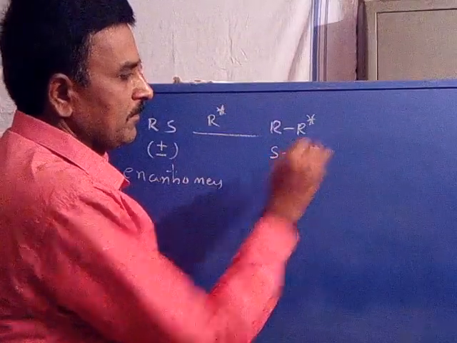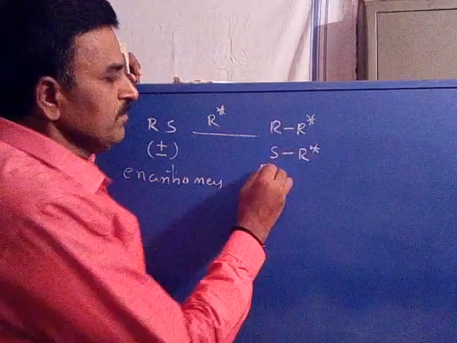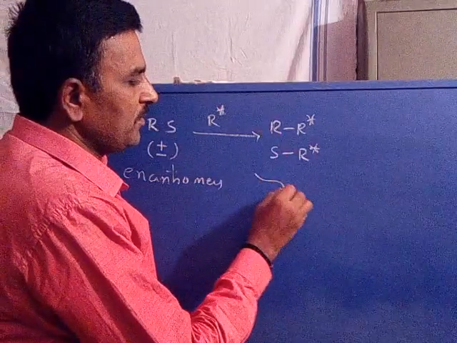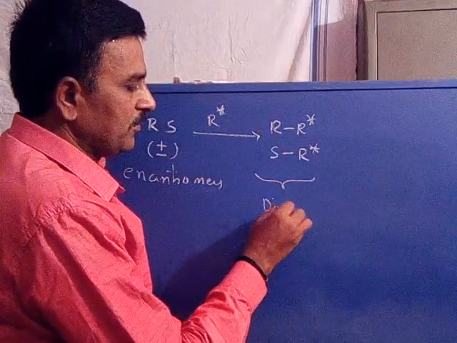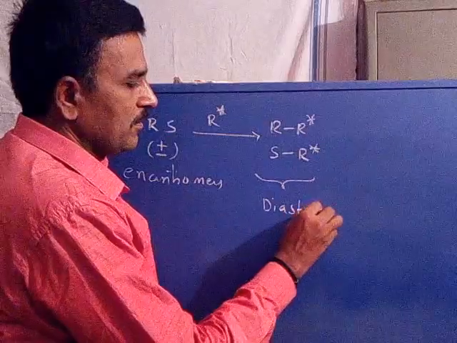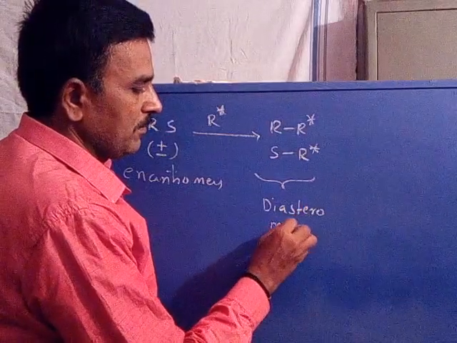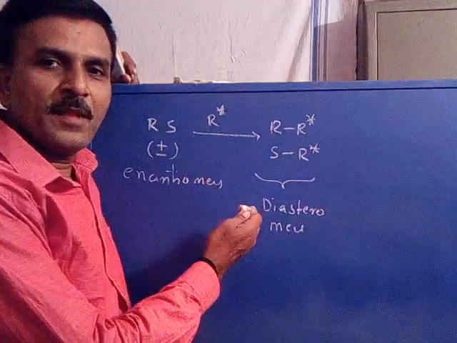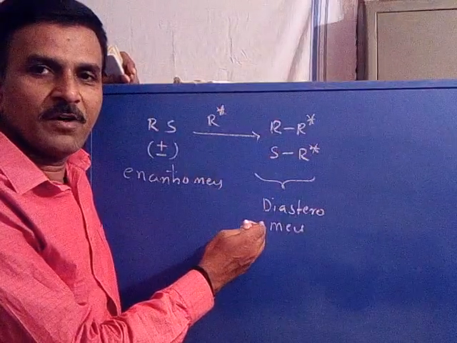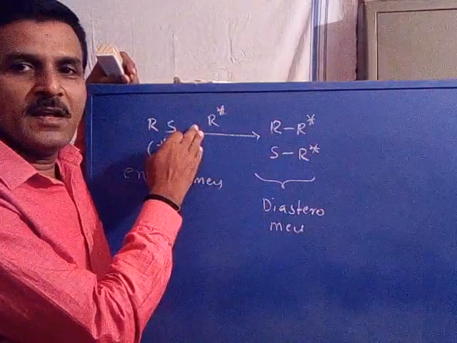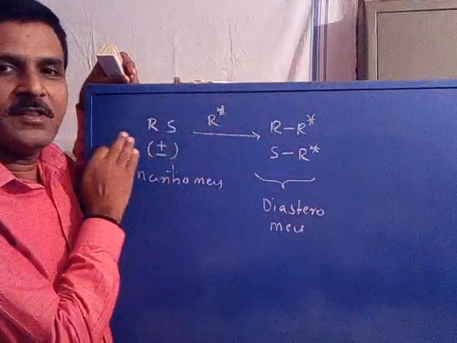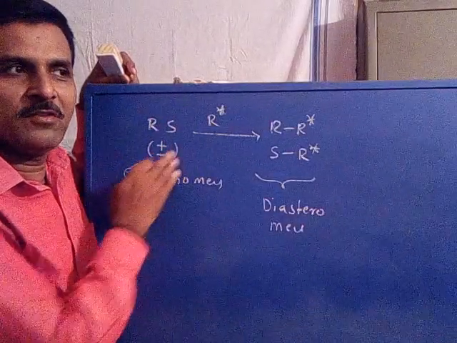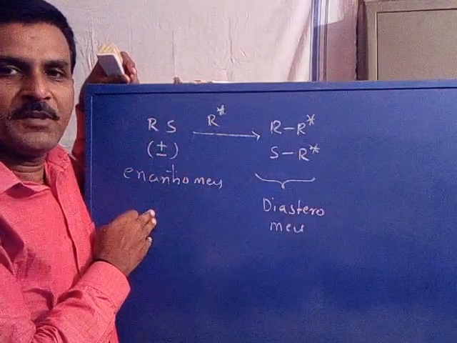These are diastereomers. A mixture of diastereomers is formed when a specific reagent reacts with the R isomer and S isomer of the enantiomeric mixture.